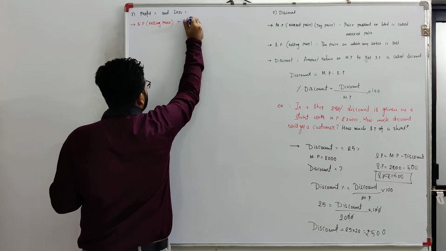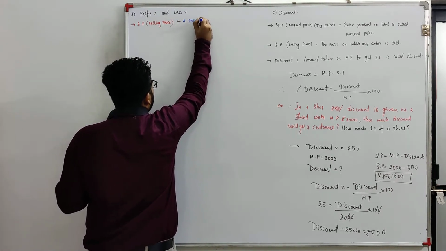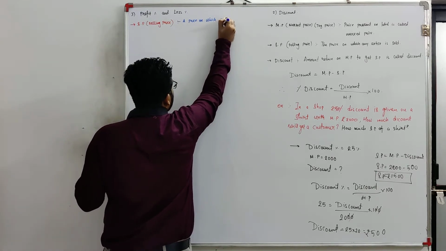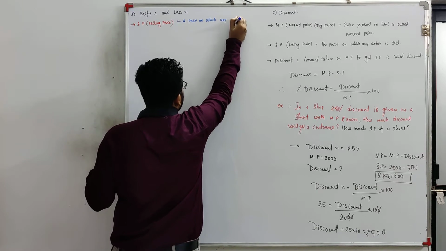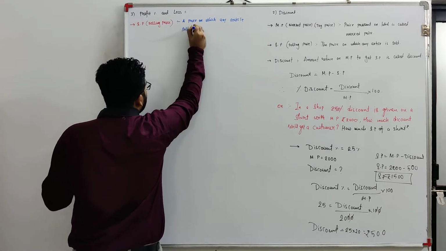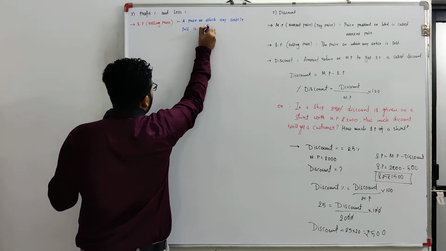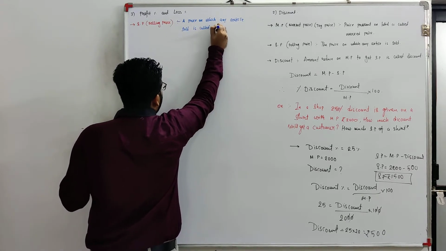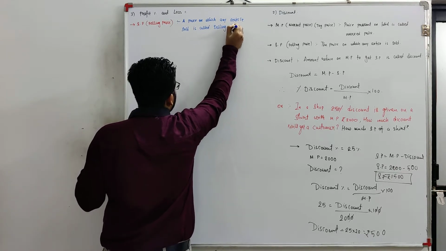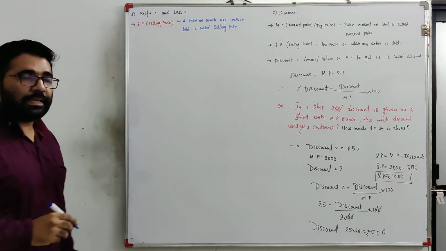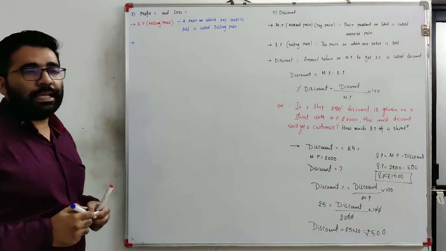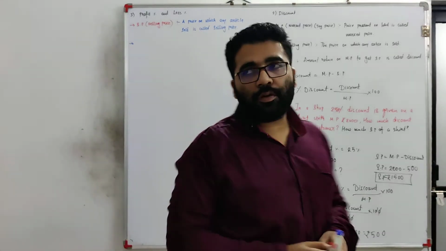a price on which any article is sold is called the selling price. Same way, the next one is the cost price.